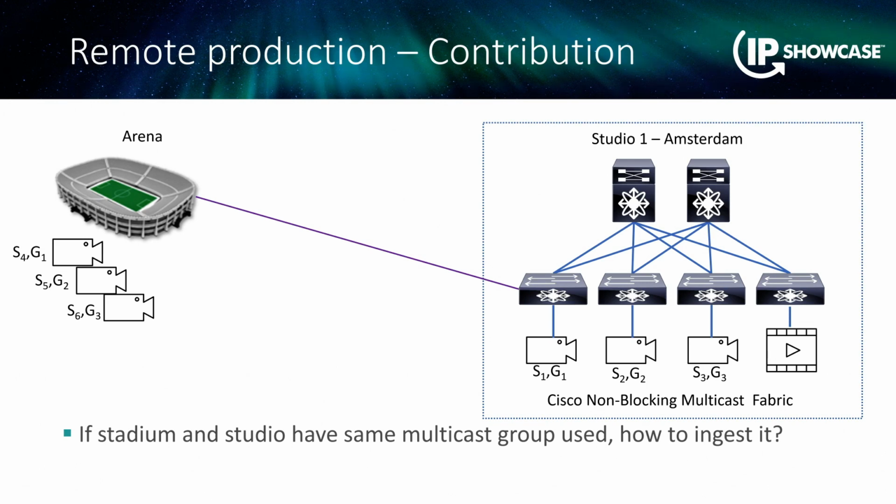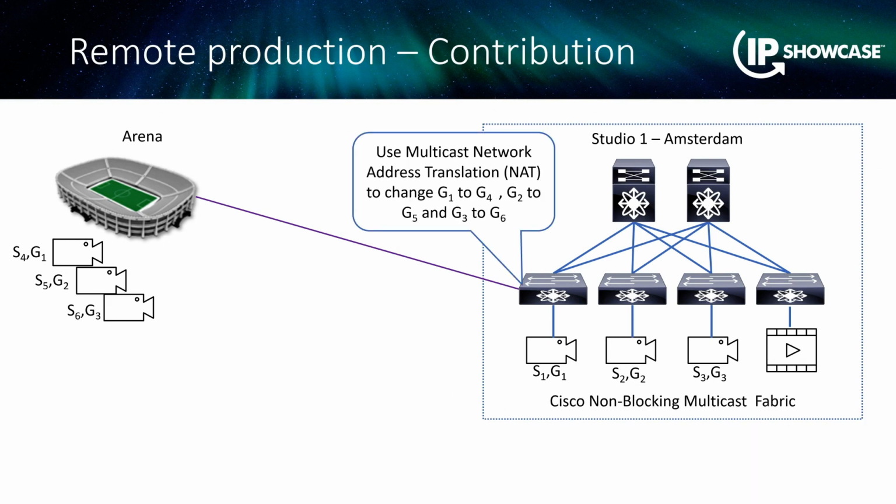I'm getting signals from the stadium which are overlapping with my signals in the network. So what do I do there? I'm able to translate those, using network address translation, NAT, into something which is not overlapping with my network, and I'll be able to transport those over my network.